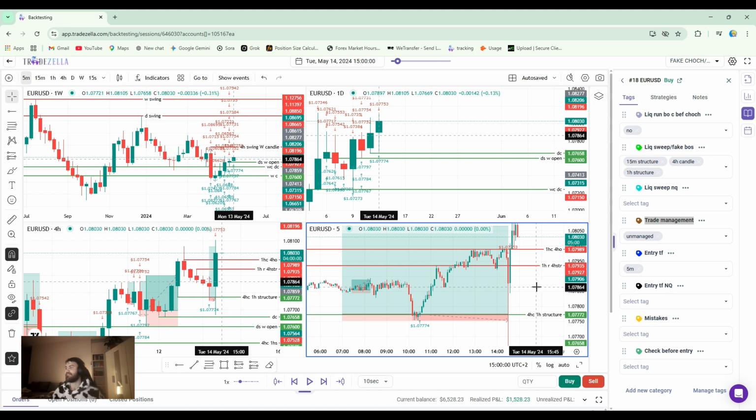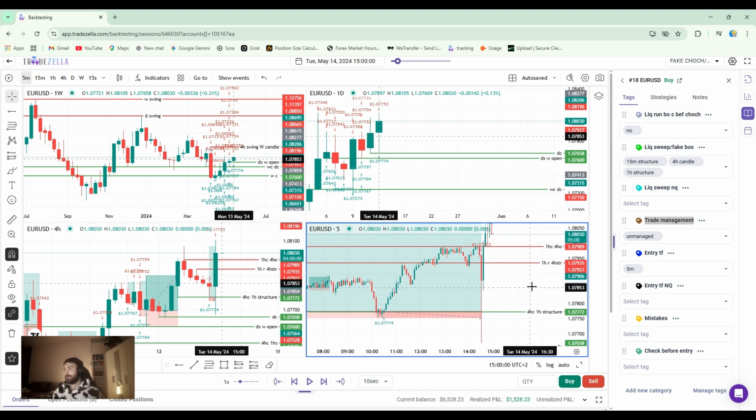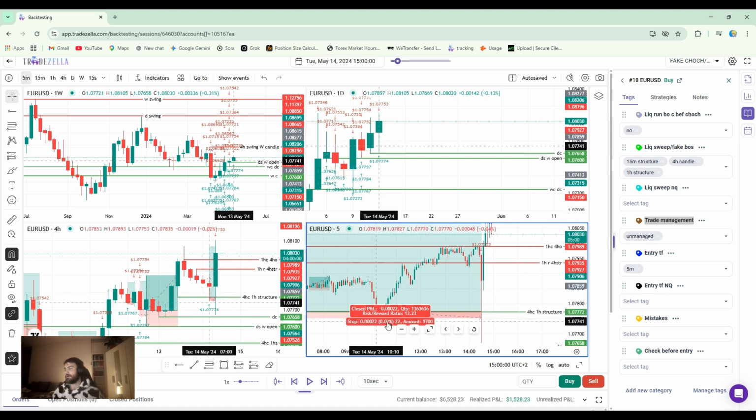In my case, very very likely, I've seen this, I missed the entry, I would have probably entered here on this candle, stop loss below this candle, to catch the move, because of the frustration, because I knew what I had to do and I didn't, and the price went in my favor.